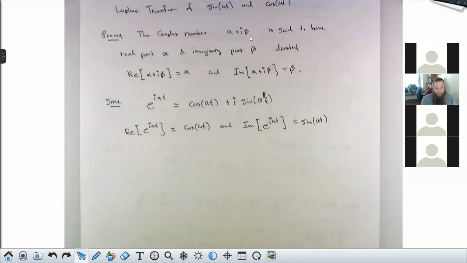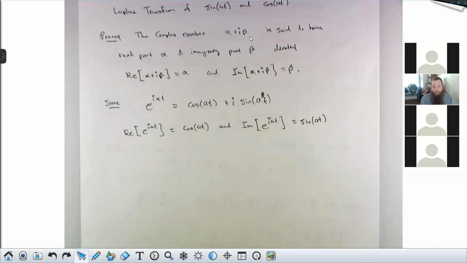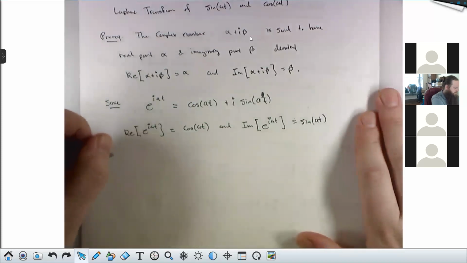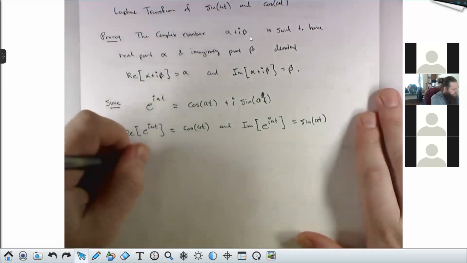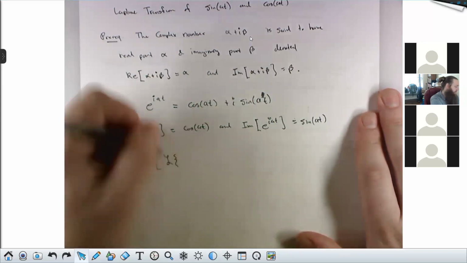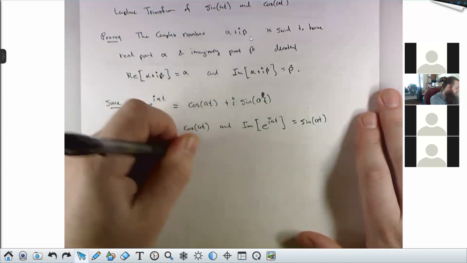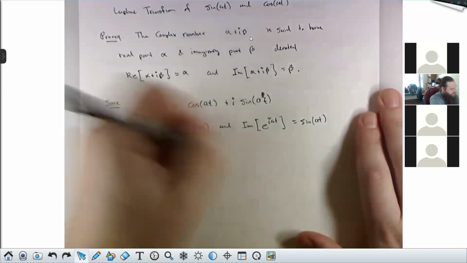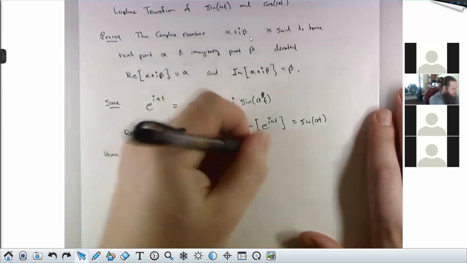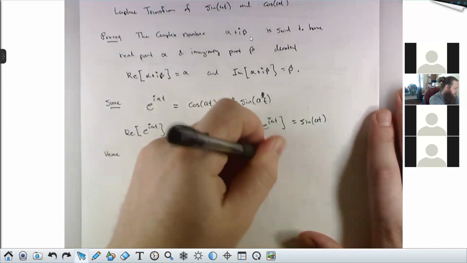So what I'm going to do is find the Laplace transform of e to the iat, then take its real and imaginary parts. The real part of the Laplace transform of e to the iat will be the Laplace transform of cos at.